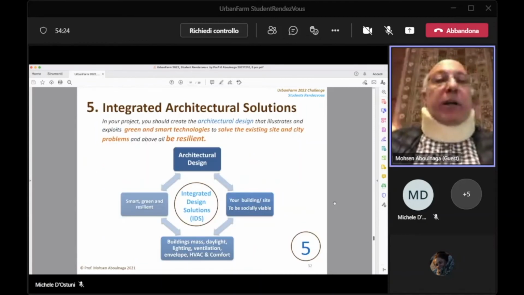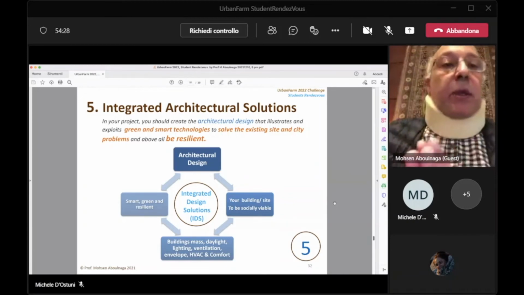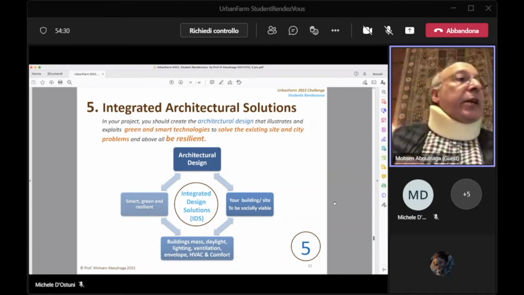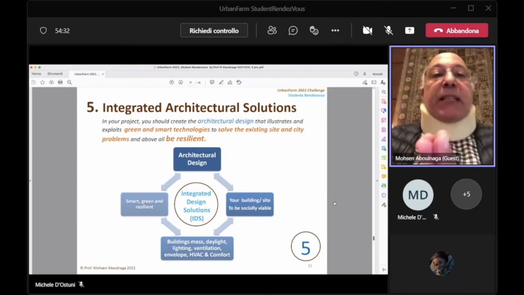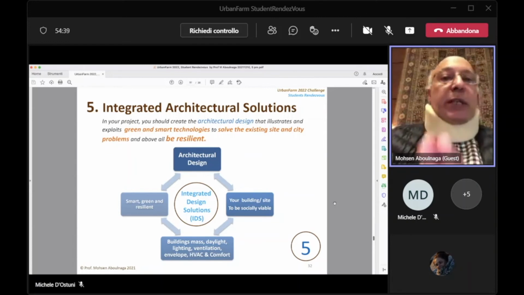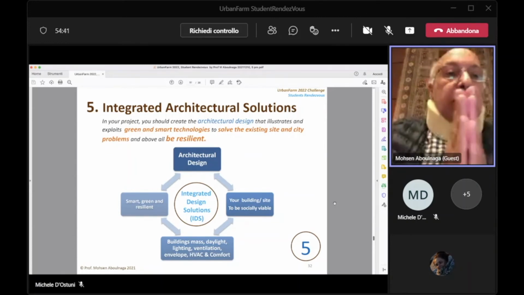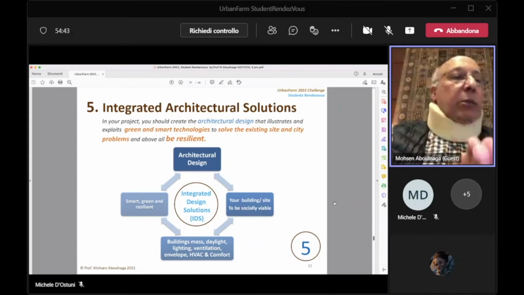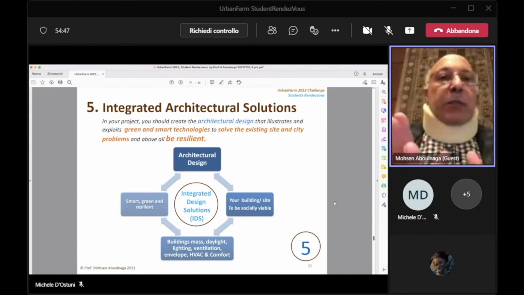Point number 5 is basically about integrating architectural solutions. In your project, you should create an architectural design that illustrates and exploits green and smart technologies, as Professor Alessandra mentioned in her presentation a while ago today, to solve the existing site problems and city problems at large.